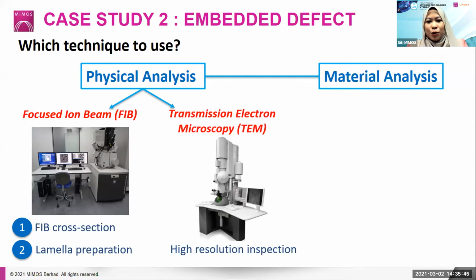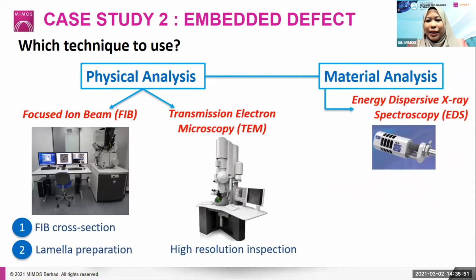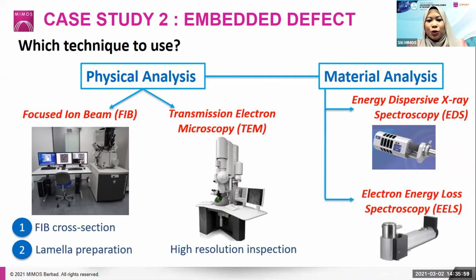Attached to this TEM system, we have the EDS capability that allows us to determine the elemental composition. At the same time, the equipment also has the capability to perform electron energy loss spectroscopy for the chemical state of the defect.